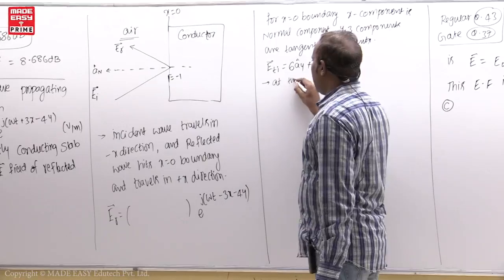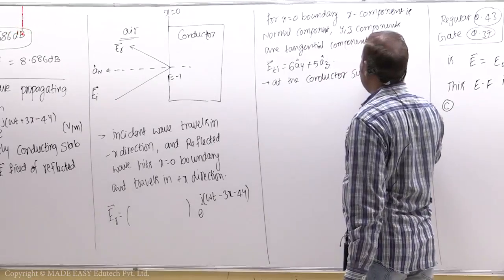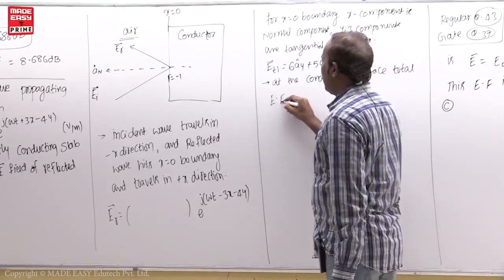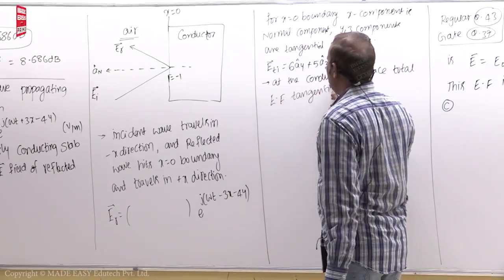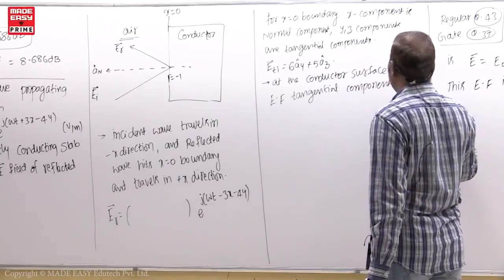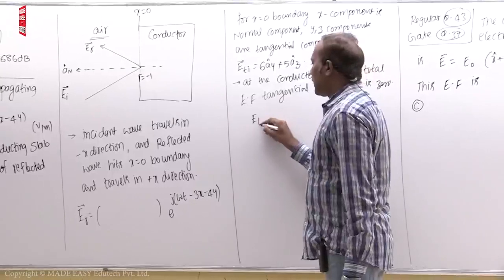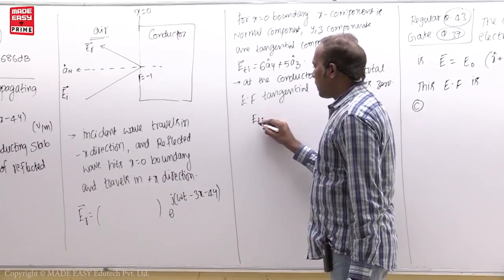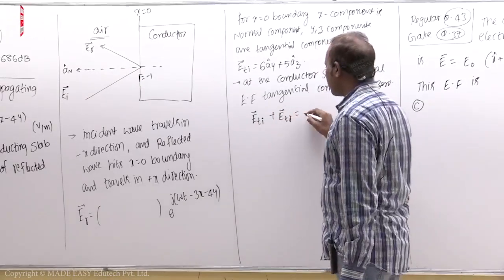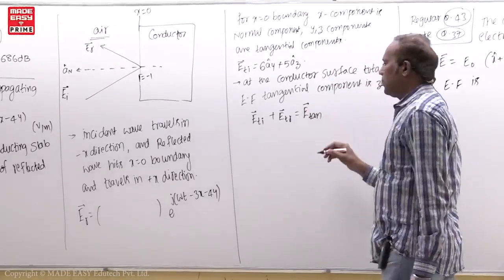Now at the conductor surface, the total electric field tangential component is 0. We have derived that. At the conductor surface, the total electric field tangential component is 0. That means the total electric field tangential component, meaning the tangential component of the incident wave and the tangential component of the reflected wave, gives the total tangential component at the boundary surface.